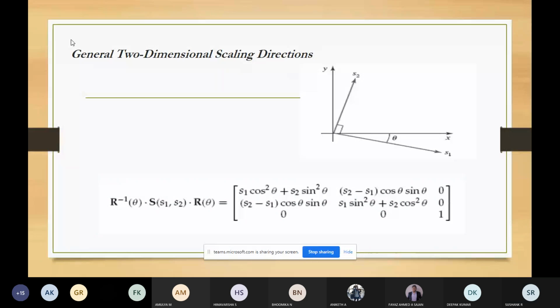So now we are talking about two-dimensional scaling. How do we scale an image or an object with respect to two dimensions?